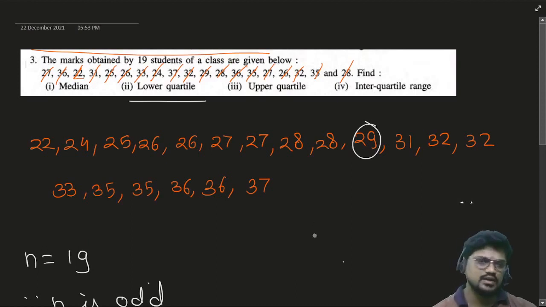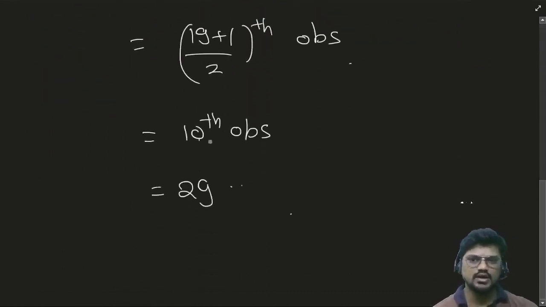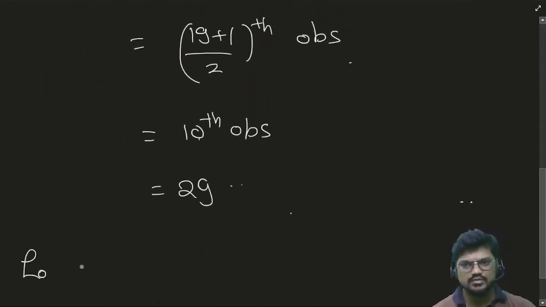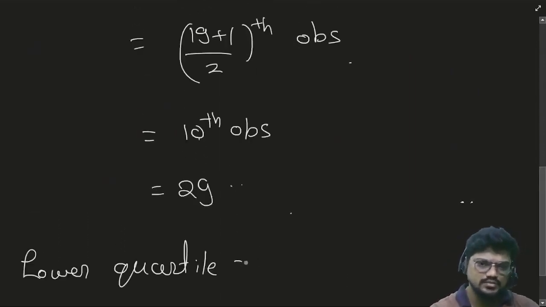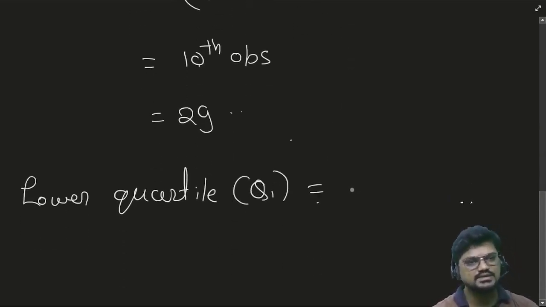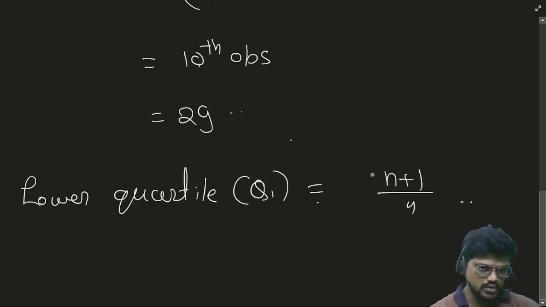Next is the lower quartile. Your lower quartile will be written as Q1. Since n is odd, it will be (n plus 1) by 4th observation.